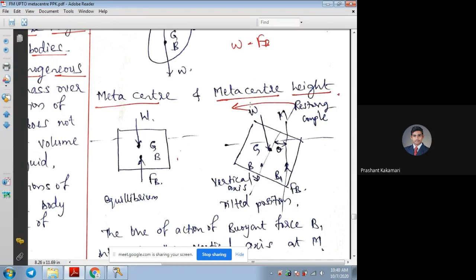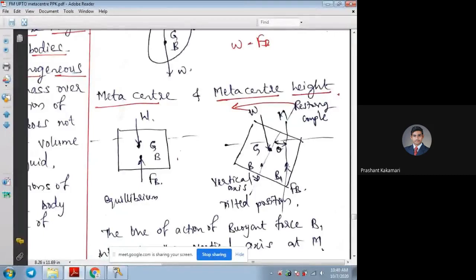So we assume some restoring couple is generated inside this, and you can see there is a displacement between the weight of the body, that is the WG line. This line is displaced from the axis of BM, and the buoyancy force FB is acting at some other different point. Because of this, the couple will be generated.